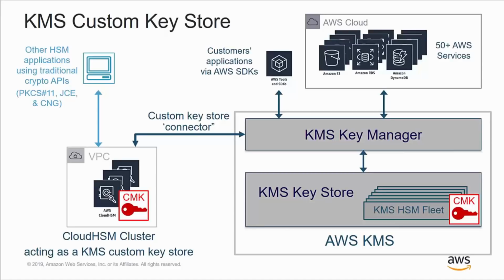So the connector is something that joins the physical store of CloudHSM with the logical entity of the key in KMS. And you'll see as you go through the workflow for creating custom key stores, there is a step process to physically connect KMS to your CloudHSM cluster, and you can disconnect KMS from the cluster if you want to make those keys unavailable.